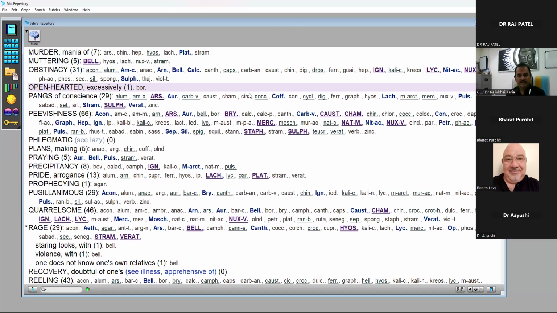Please see this remedy. What is the remedy given here? Borax. Borax patients are excessively open-hearted.